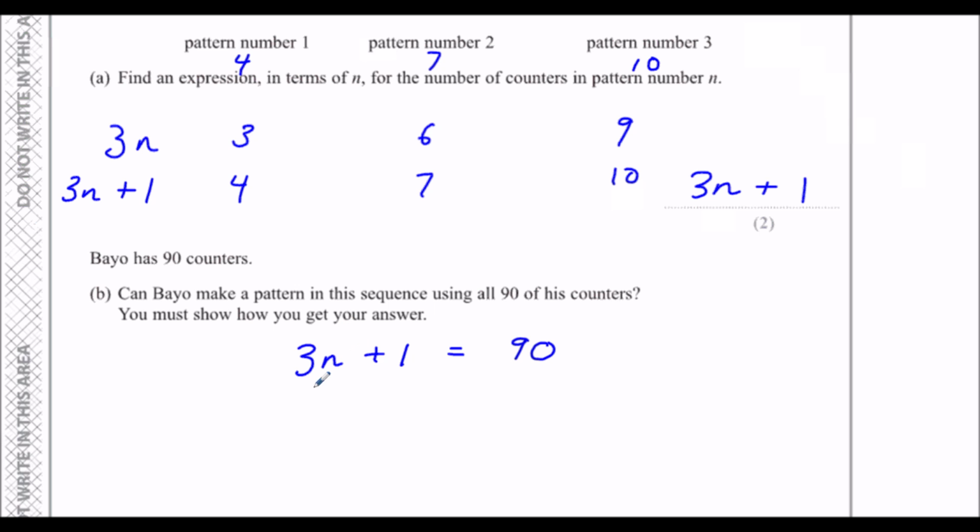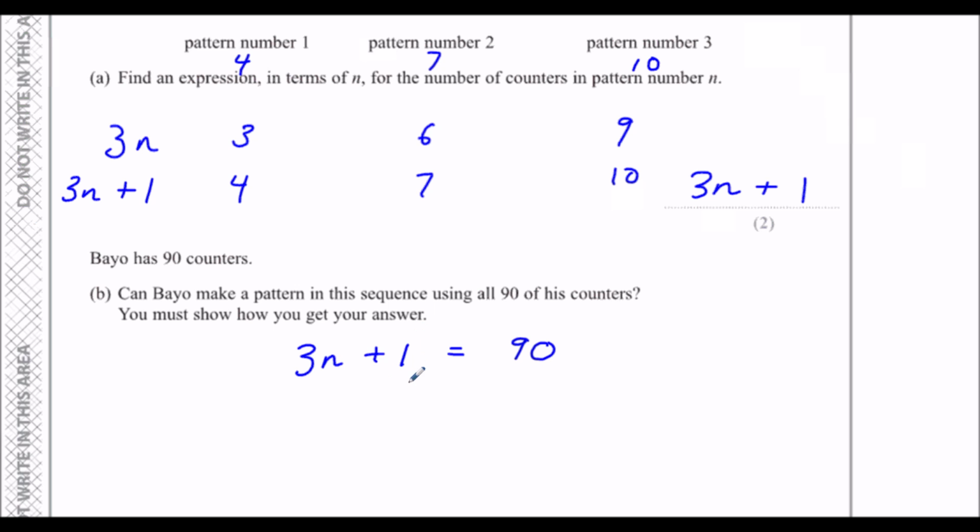And n is going to have to be a whole number, because you can only go pattern 1, 2, 3. You can't have pattern 2.6. So if n is a whole number, then he can make a sequence using all 90 counters. If n isn't a whole number, he can't.